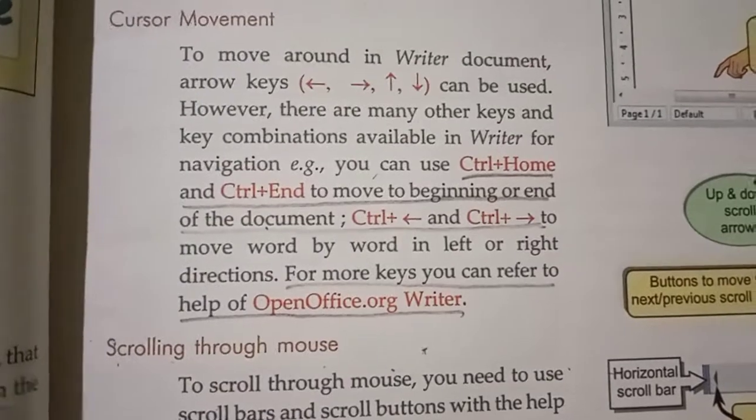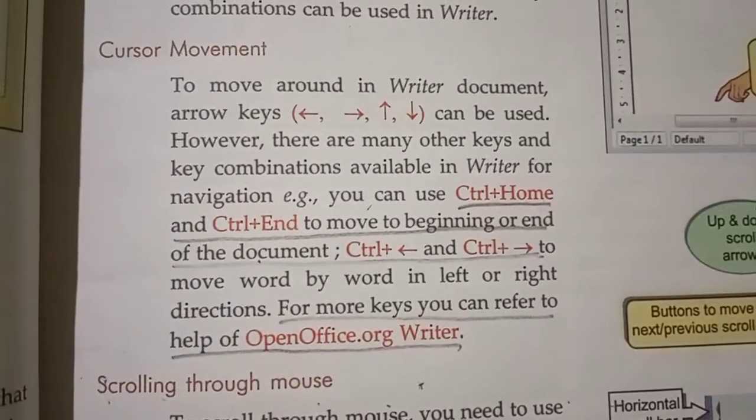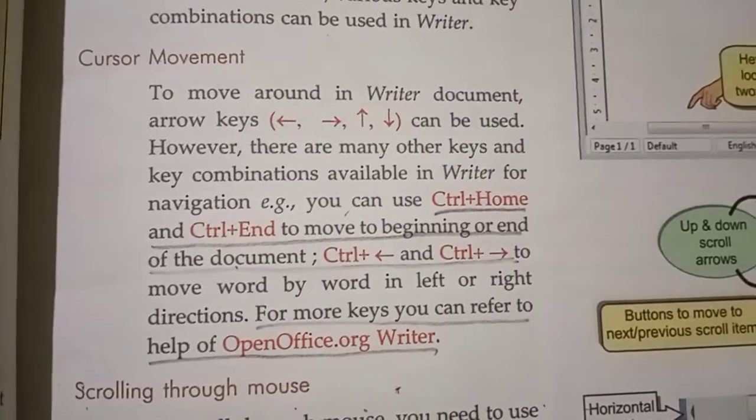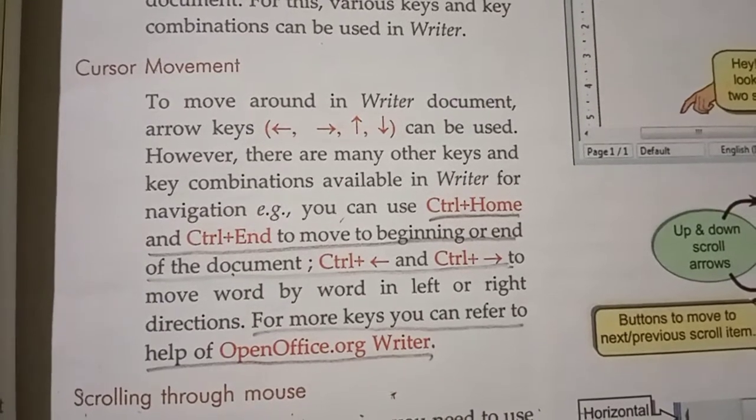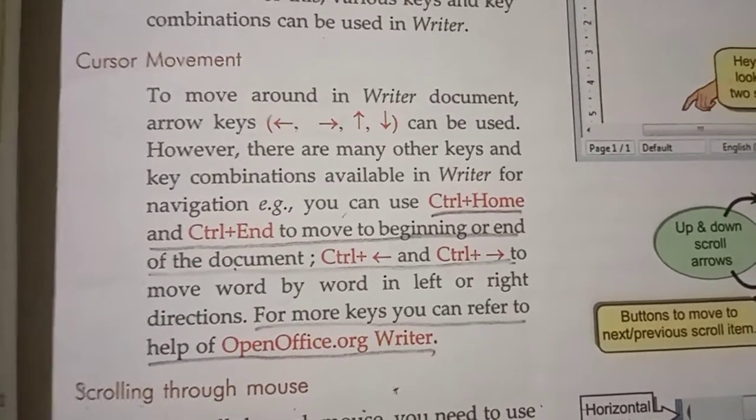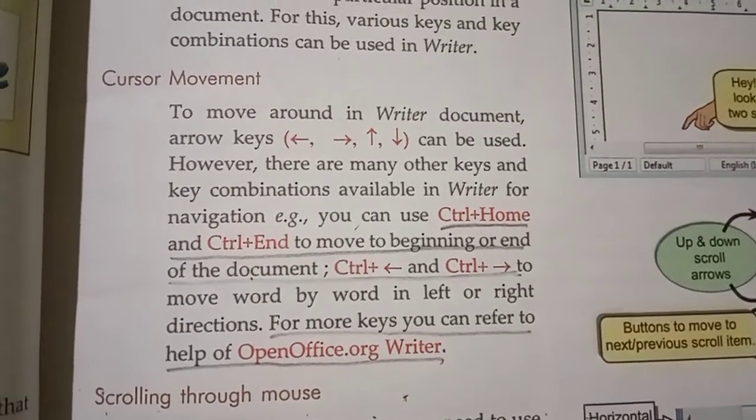So you can move the cursor by using arrow keys, and at the same time you can move with control plus home and control plus end. Then for example, consider that here, this is one word. So you write another word here.